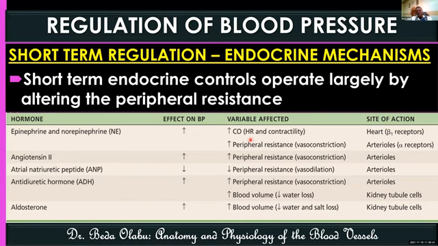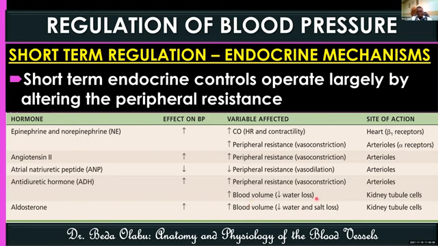If water follows, you lower the blood volume. So it will still act through alteration of blood volume to lower blood pressure, although the changes which affect blood volume tend to be long-term mechanisms of blood pressure regulation. And that is why we've not put that one in this list here.